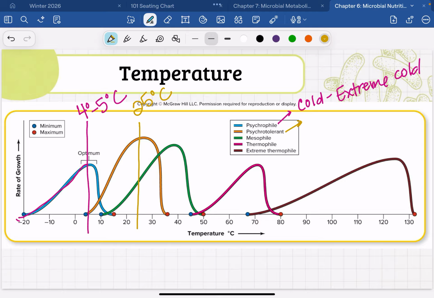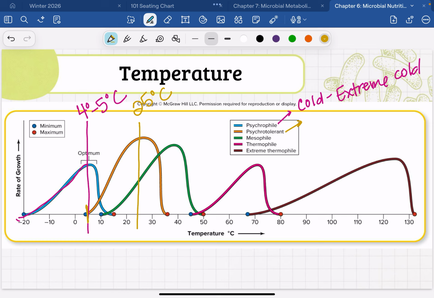So psychrotolerant organisms, their average optimum best growing temperature is going to be around regular temperature. So in the environment, a lot of things that grow in just the soil and water and things like that are going to be psychrotolerant. Now, also keep in mind again that these psychrotolerant organisms can grow down to refrigerator temperatures, right? Their minimum is down to 4 or 5 degrees.